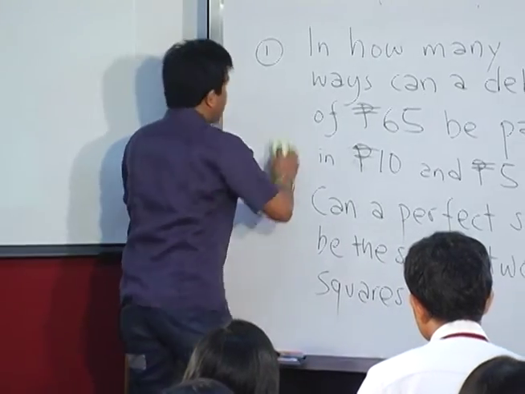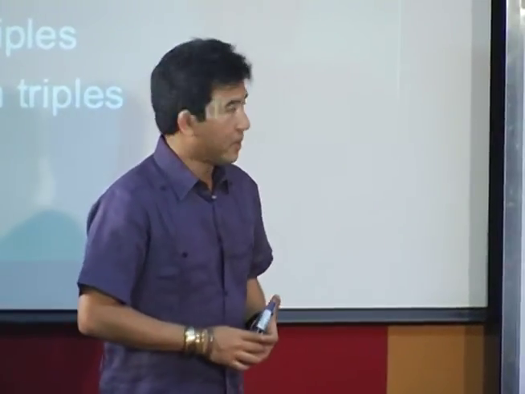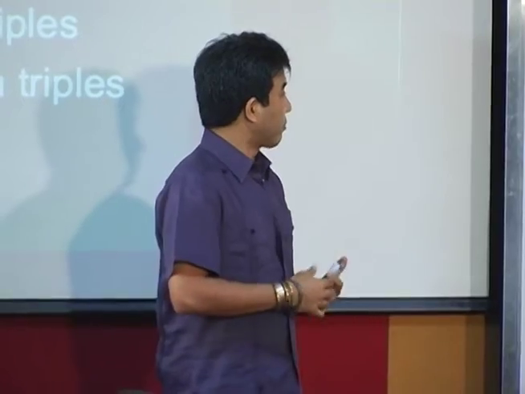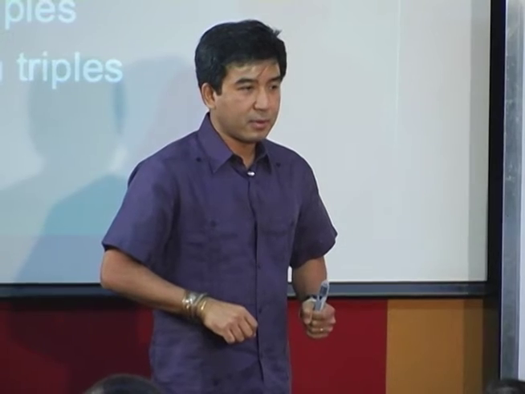I'll ask you another question. My third question. Is there a perfect cube that exceeds a perfect square by 2? Can you think of a perfect cube and a perfect square that are so close apart, their difference is 2?